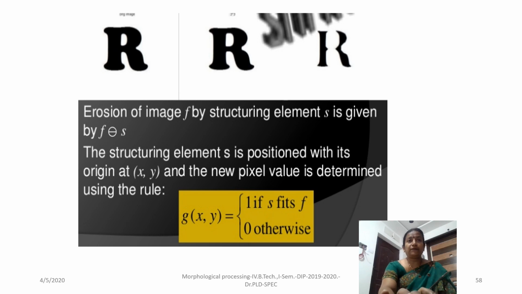This is an example of the input image, and this is the processed image. Erosion of image F by structuring element S is given by F erosion S. The structuring element S is positioned with its origin at xy, and the new pixel value is determined using the rule. With this rule, this is the eroded image of the input image.